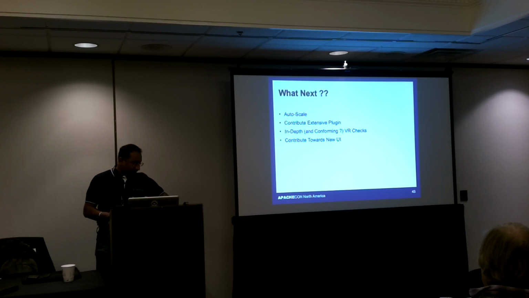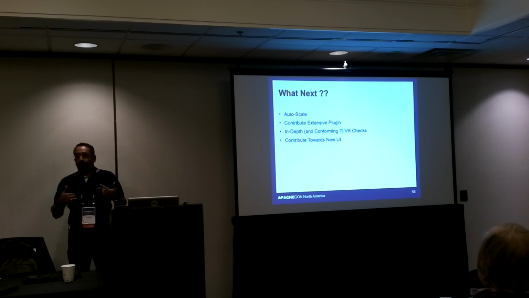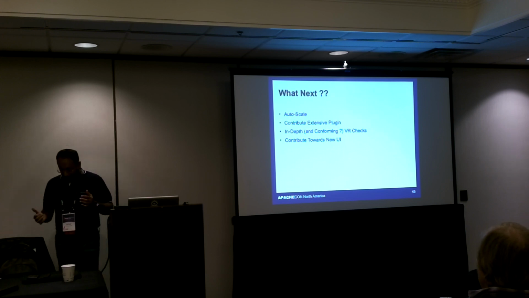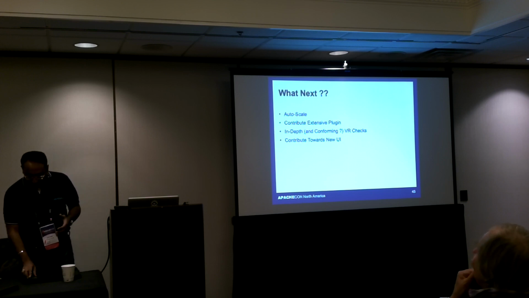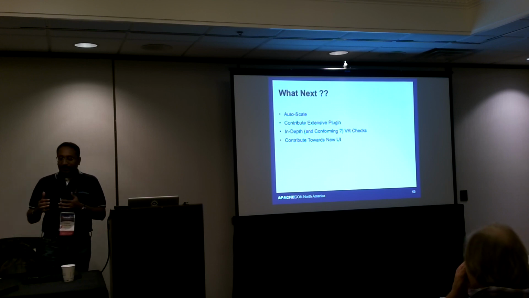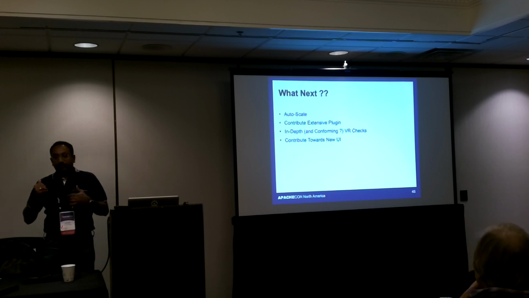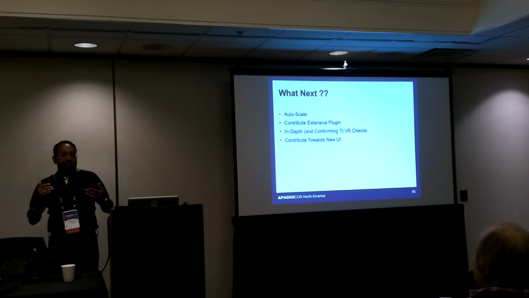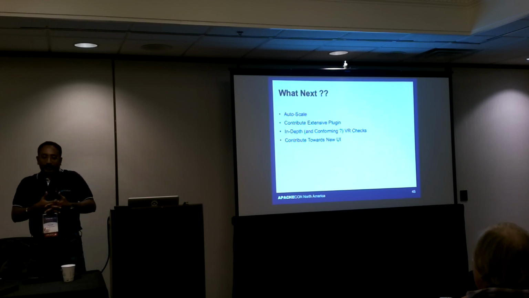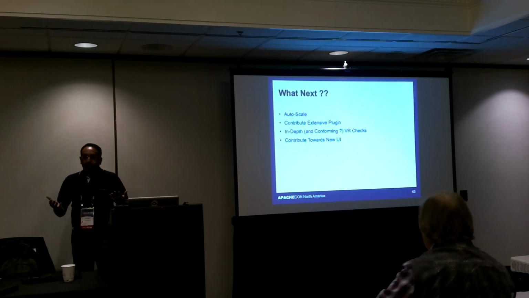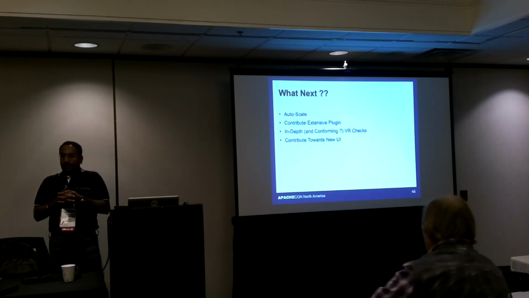So what next? What are we doing next on this front? We already have an auto scale product of ours which works outside of CloudStack. So we will be trying to enhance that and see how it can fit into CloudStack natively, or at least work more seamlessly with CloudStack.